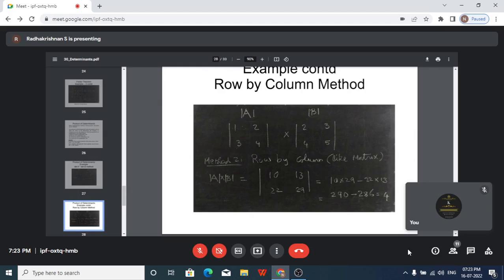So let us take the row by column method, like matrices. The first element we write as 1 into 2 plus 2 into 4, which is 10. This element we write as 1 into 3 plus 2 into 5, that is 13, and so on. So we multiply the two matrices like this. Then we evaluate that determinant as 10 into 29 minus 13 into 22. So we get the same answer, 4.